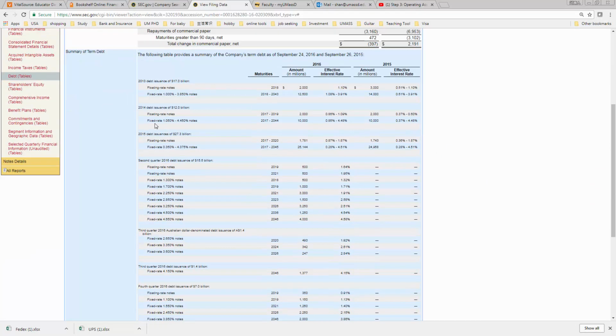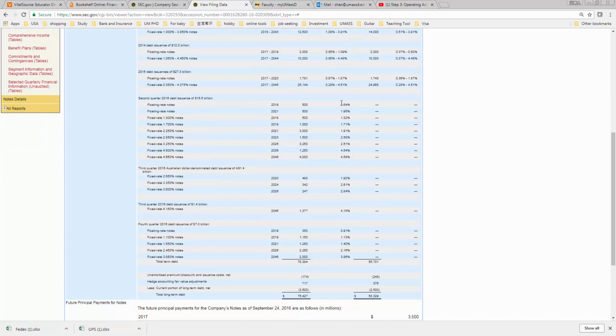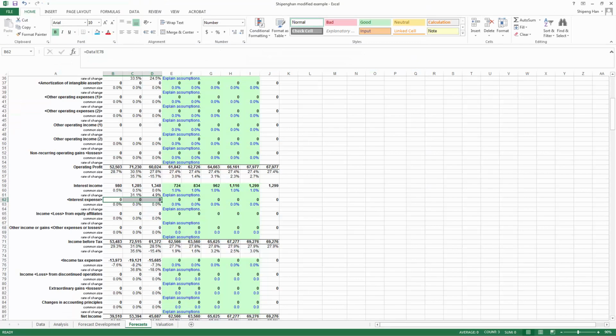See, that's all the company's debt and the effective interest rate of the debt, right? So this is actually the interest expense Apple incurred, but why does Apple not report any interest expense in their financial statements? I believe the reason is they capitalize the interest expense into other asset accounts. So you can simply keep using 0, right?